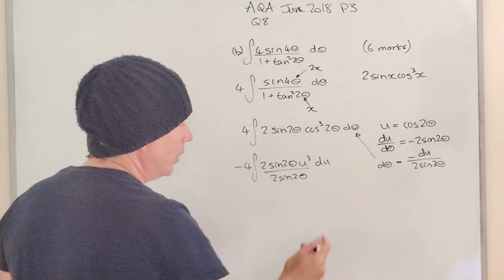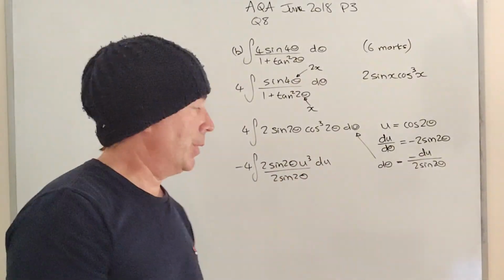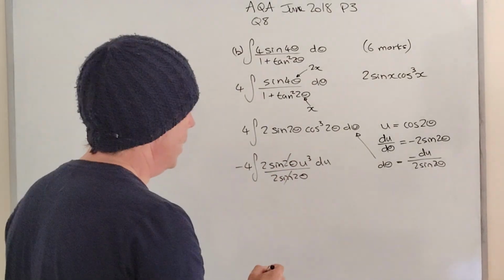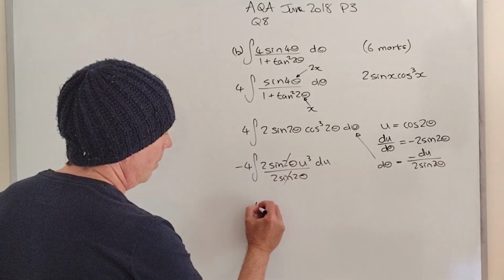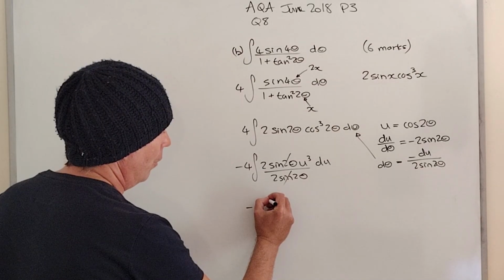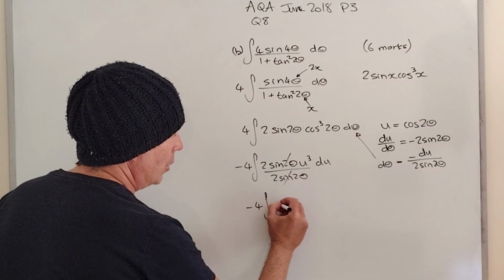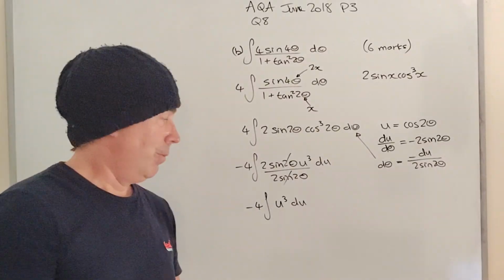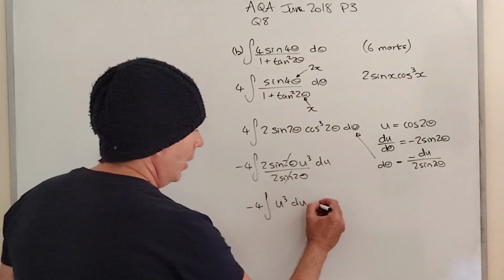And obviously that's really going to help us out because our 2 sine 2 thetas disappear, and our integral simplifies massively to the integral of, in this case, u cubed du. So it's really quite pedestrian now.